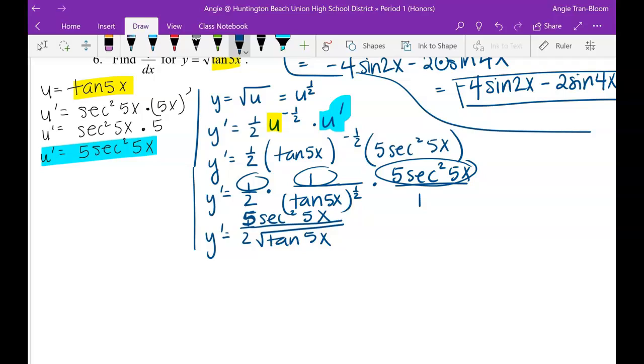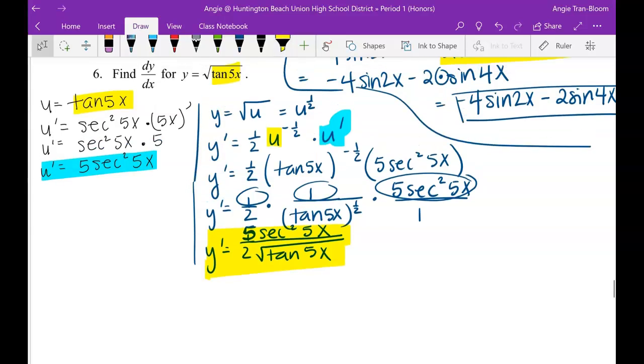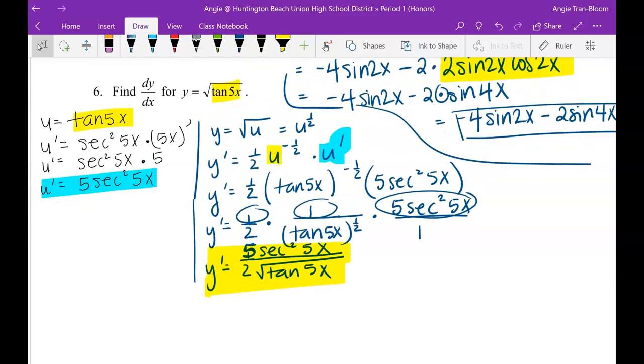Now, is there anything you can do from here? Not much, really, because the tangent of 5x is under the radical, so you can't really simplify. Therefore, this is as far as you can go. So this is the final answer, the derivative of square root tangent of 5x. And this concludes our video for the day.